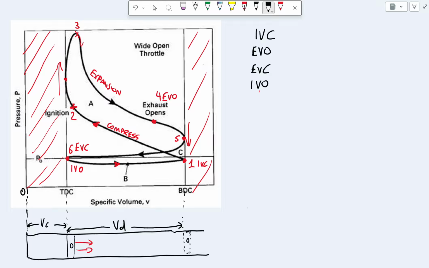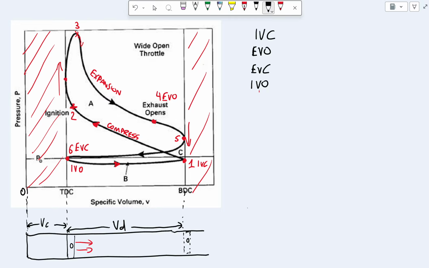So as the piston reaches top dead center, we now close the exhaust valve because we've gotten rid of most of the exhaust gases. And now we're going to open our intake valve to then let the air in back to point 1. And we're going to go back to point 1 by going back to bottom dead center.